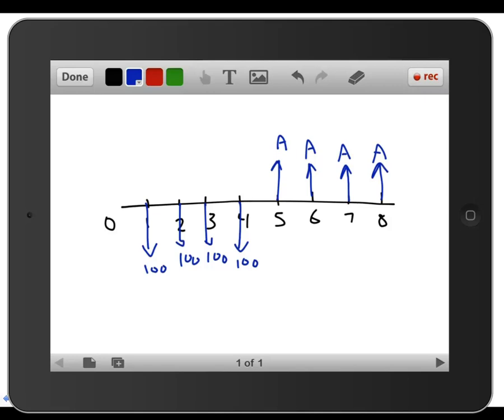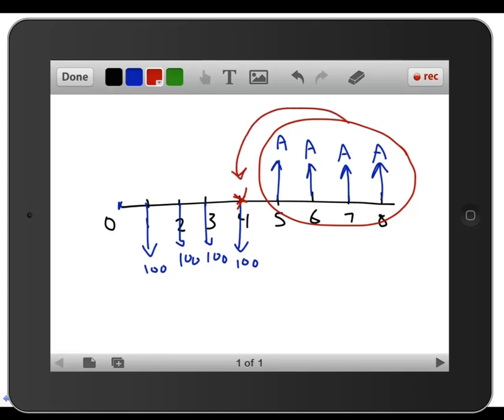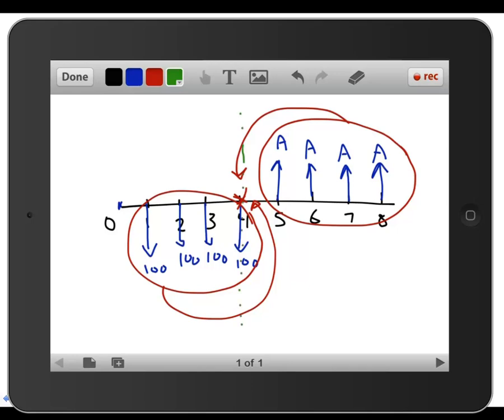In the first method, what we did, we brought them all to year number 0, but that's not a must. Actually, I can bring them to any point. In this case, I will bring them to year 4. So I will bring all these values back to year number 4, and I will move these forward to year number 4, and the 2 values at this point should be equal.